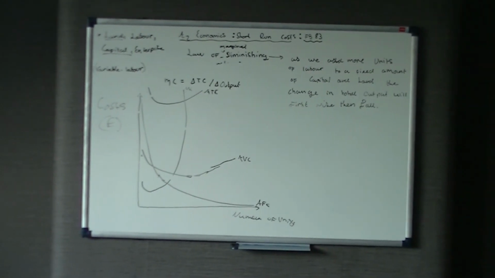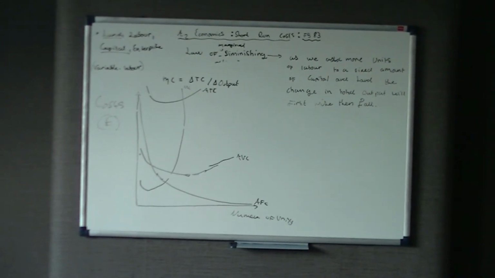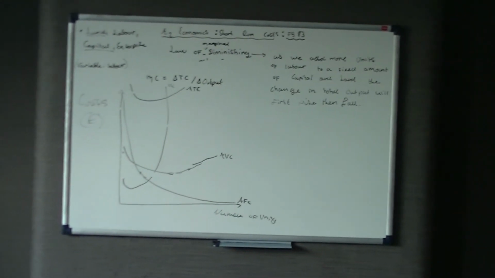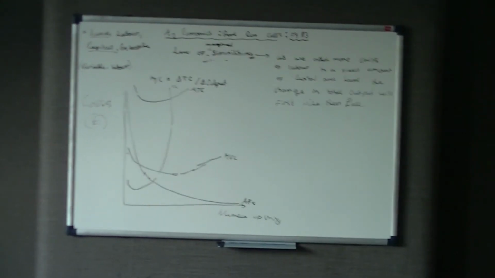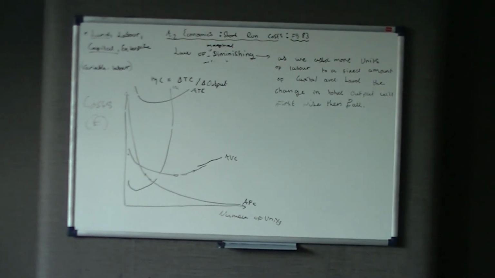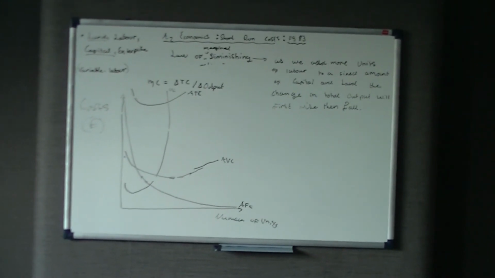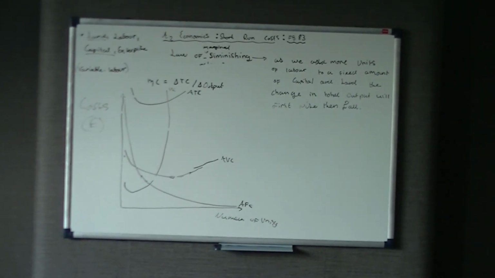Therefore, the total output increases at first, and the change in it then falls. After we get past a certain point, the actual total output falls as well, because we actually make the workers less productive than they were before by getting in the way. So that means the curve will decrease.